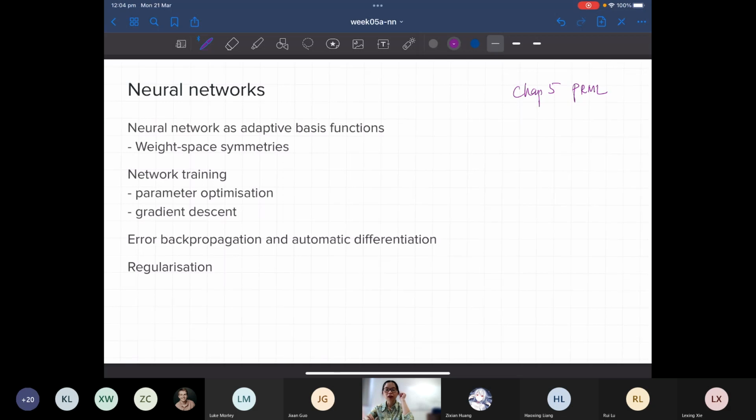We will first define a neural network, talk about its general properties, including why we mathematically do not need more than 2 layers, but empirically you do. We all know that by now. And we'll talk about neural network training, on how we do parameter optimization. We'll basically take a general look at what optimization generally does. And then we talk about this famous algorithm called error backpropagation.